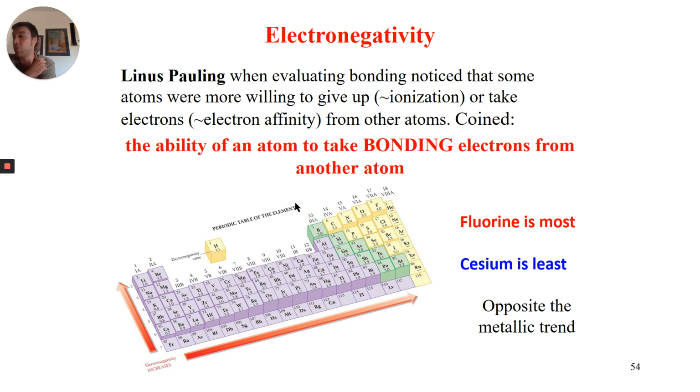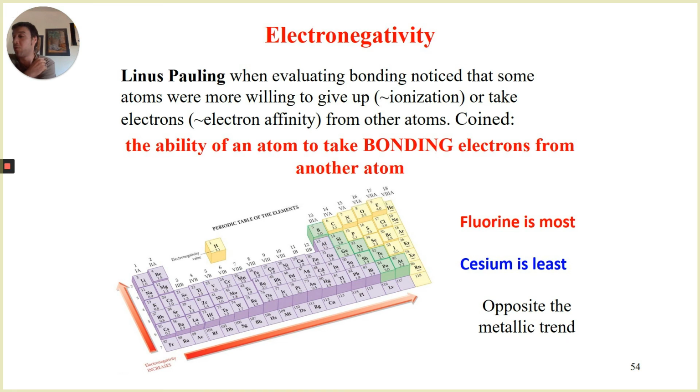That trend: fluorine is the most, and cesium is the least. So fluorine, most, and then cesium, least. You might ask, why not anything down there? Those are so reactive as materials that we haven't determined their electronegativities, right? The noble gases, you'll also notice, are flatlined.